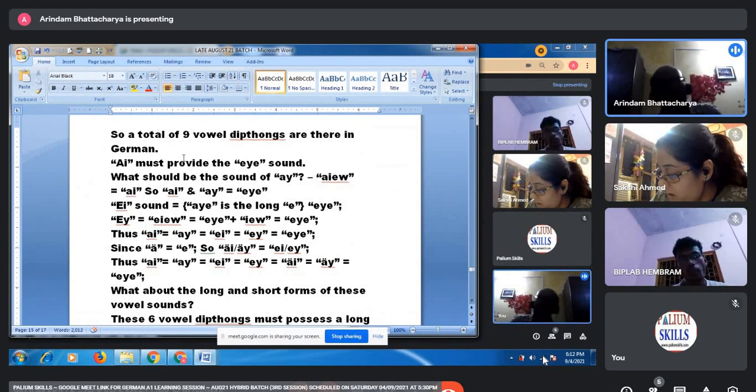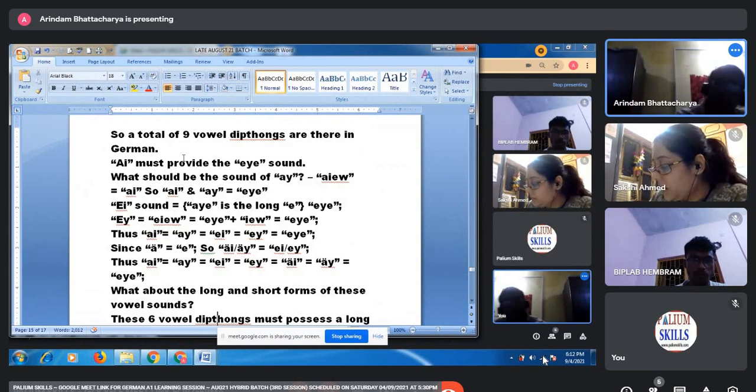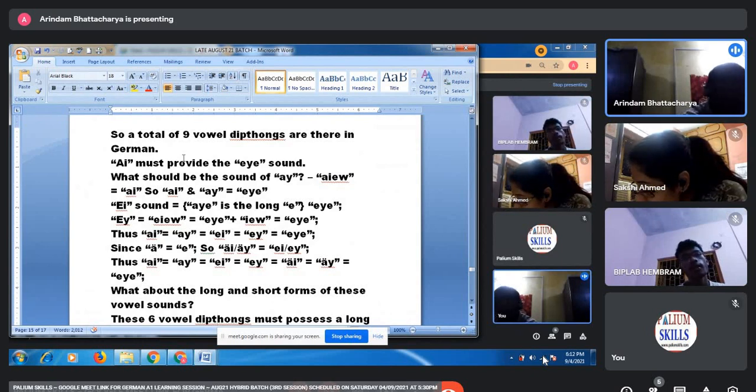So, higher is higher. In short, quickly. So we find that in the last, A-I-E-R, I is suffering the most. No sound of I. I-E is giving the sound of air.